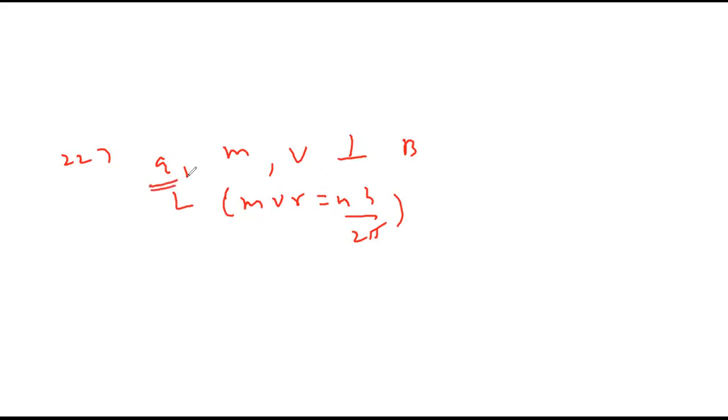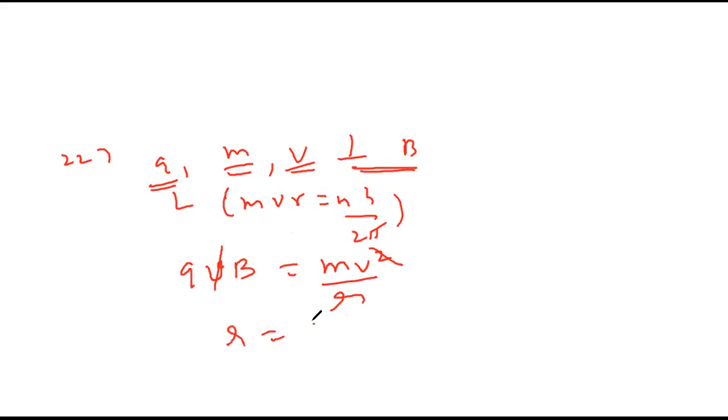See, whenever charge having mass m moves with velocity v perpendicular to the field, I have told again and again, you should write qvB equal to mv square upon r. Are you remembering this? So if I cancel one v, then I get r as mv upon qB.